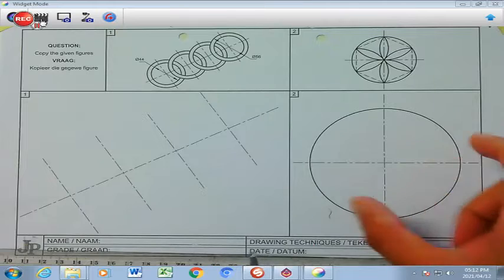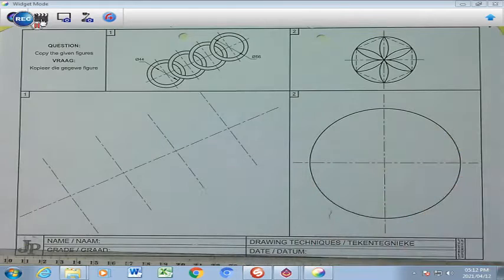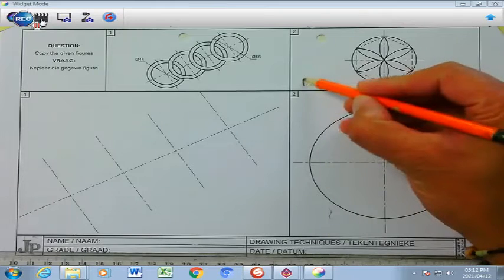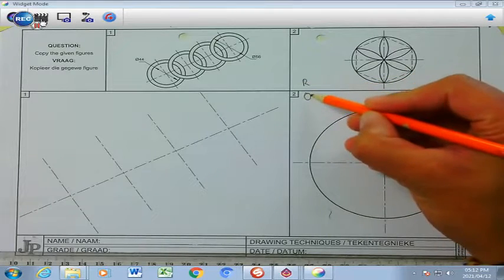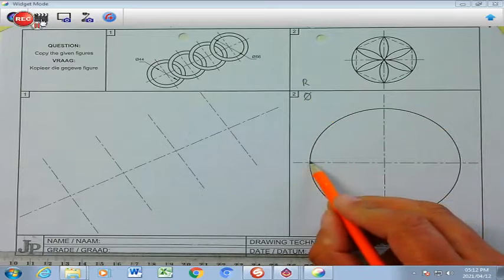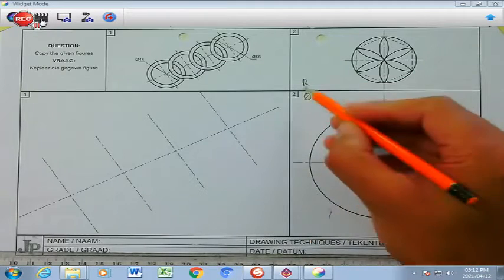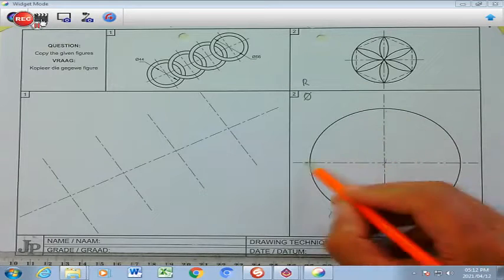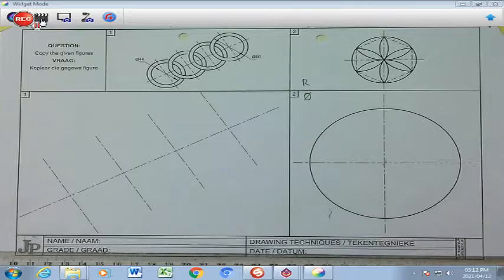From circumference to circumference, that is called the diameter. So you need to understand that R is for radius, and that circle with the line through is diameter. This means the distance from here to there, and R means the distance from here to there, or there to there, anywhere around the center point.